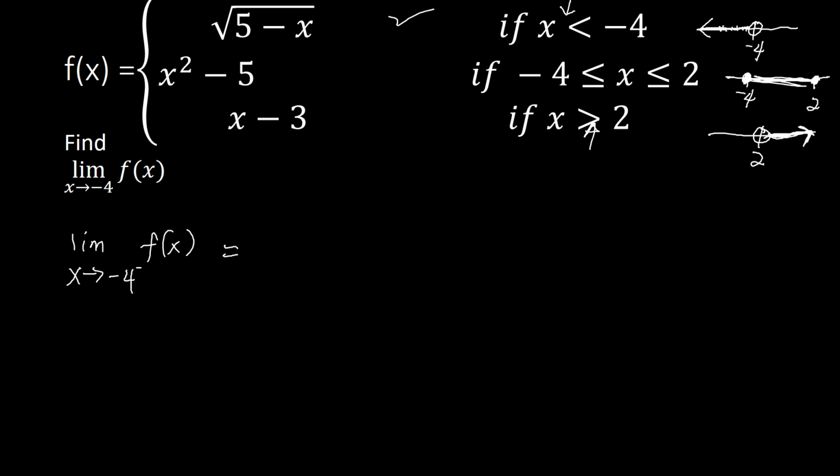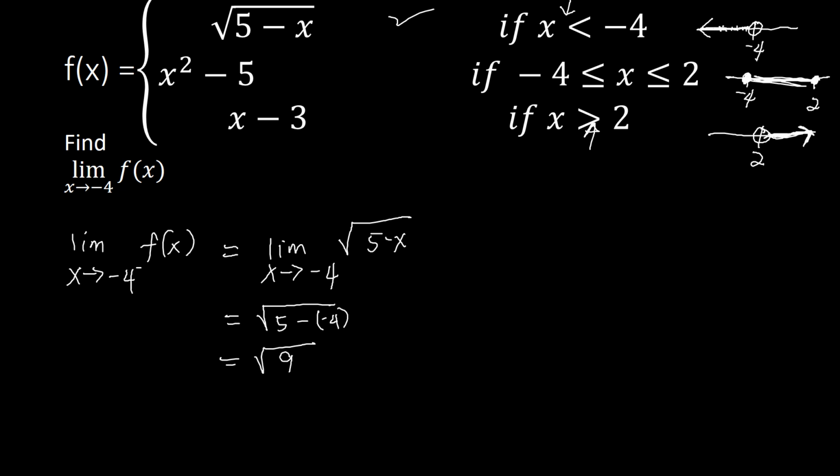We have now the limit of the square root of 5 minus x as x approaches negative 4. This time we are going to substitute. So we've got the square root of 5 minus negative 4. This is equal to the square root of 9, which is equal to 3.